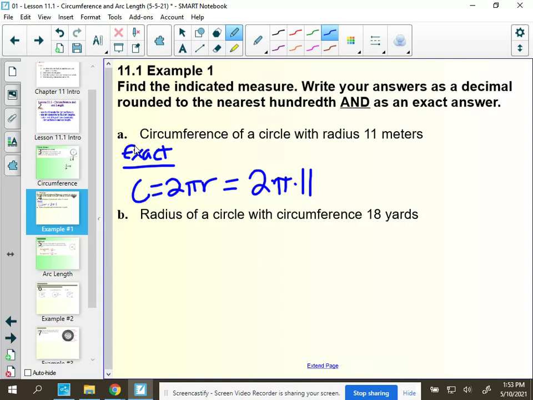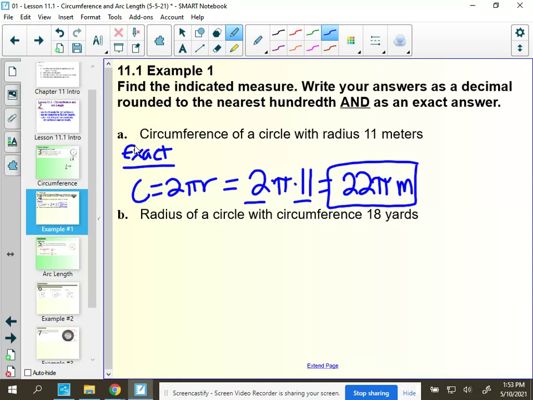Great, let's do it. So my exact answer is right here. We can multiply out of order: 2 times 11, which is 22. So 22 pi meters would be our exact answer. Notice that is not rounded. 22 pi meters is what we would call the exact answer.